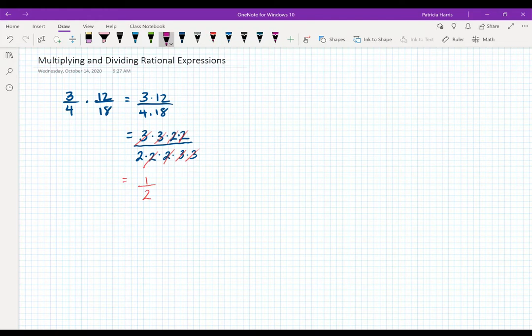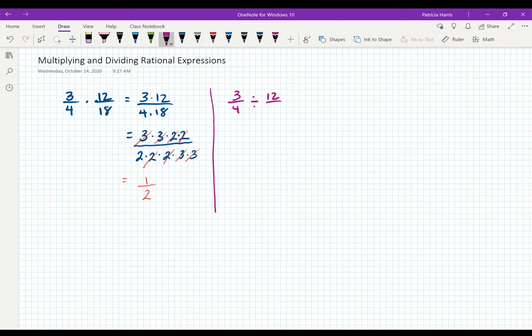Okay, when we divide, the definition of division is multiplication by a reciprocal. Okay, so when you divide two fractions, let's just change this to a division problem.